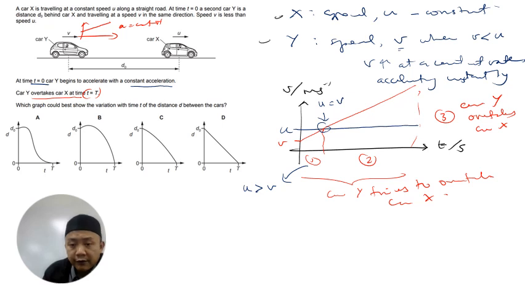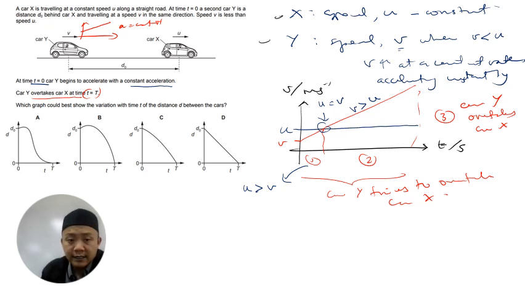And then during phase 2, v is greater than u. So what we need to visualize is that during phase 1, although car Y is accelerating, u is still greater than v.